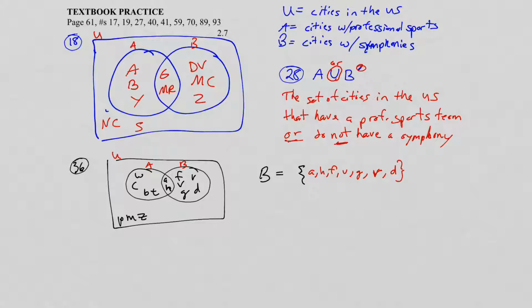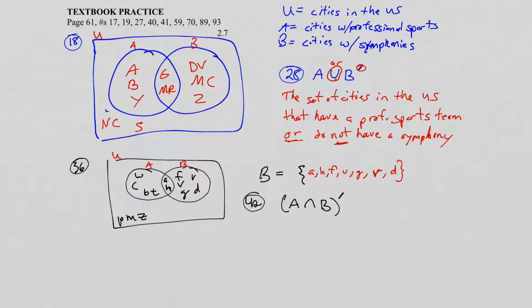Another question would be number 42. So 42 is the same diagram, but it says, what is the intersection of A and B, and then the complement of that? All right.